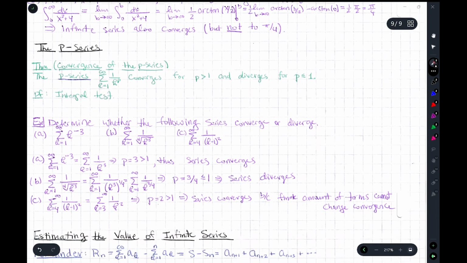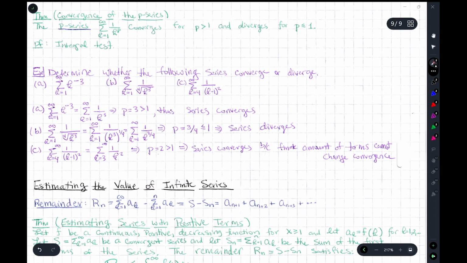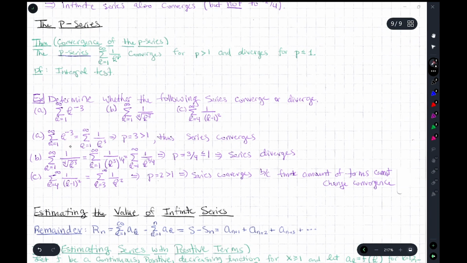So let's determine whether the following series will converge or diverge using the p-series. Well, for A, k to the -3 is just the same as 1 over k cubed. And so p equals 3, that's strictly greater than 1. And by the theorem above, the series converges.